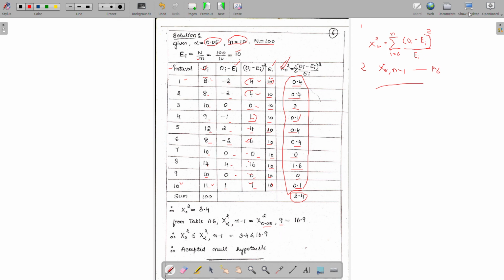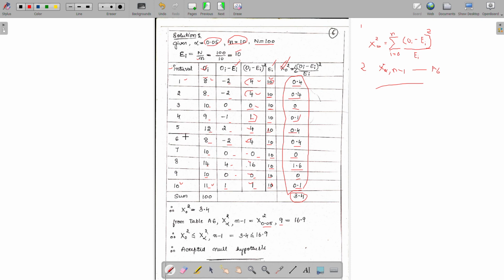From table A6, alpha value is 0.05, n is 10 minus 1, 9. From the corresponding row and column, the critical value is 16.9. So we got critical value 16.9.